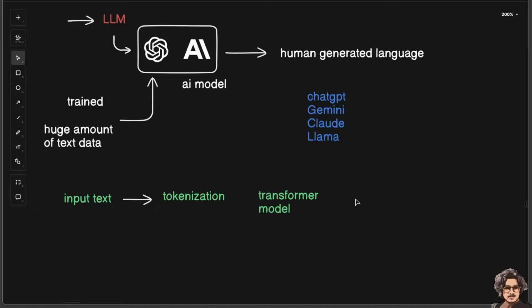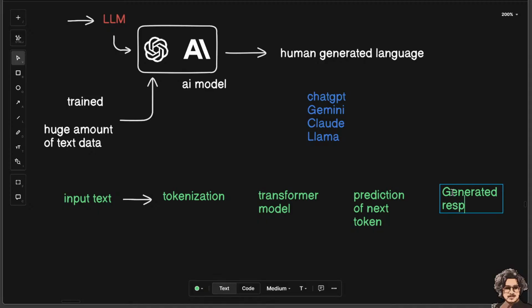Then comes prediction of the next token, and at the end it generates the response.